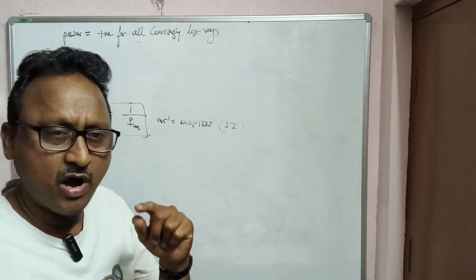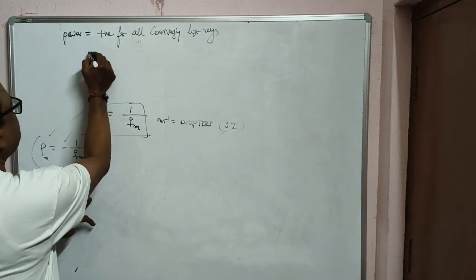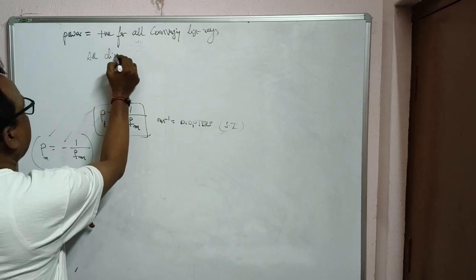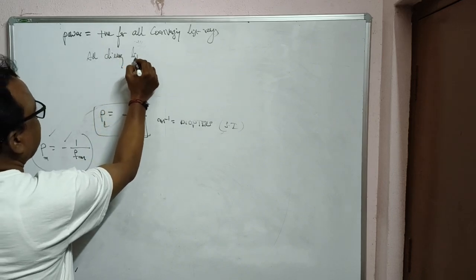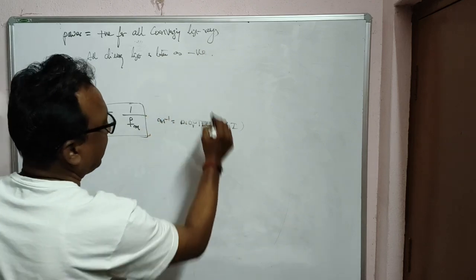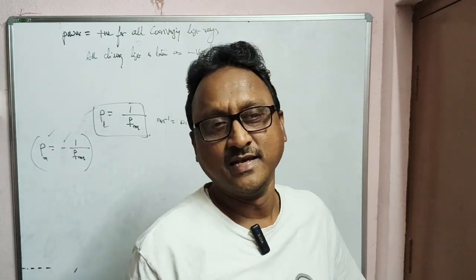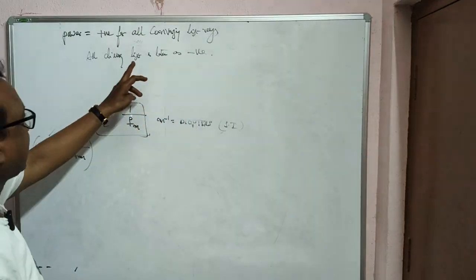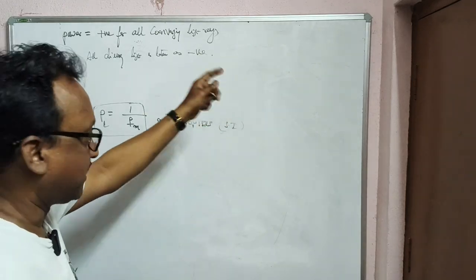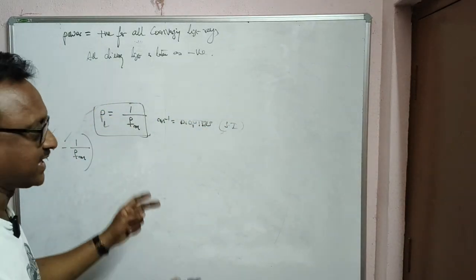In the same way, a convex lens converges. And all diverging light is taken as negative. For example, a concave lens is diverging and a convex mirror is diverging. So those are taken as negative. That means we'll check whether the formula is right or wrong for different mirrors and lenses.